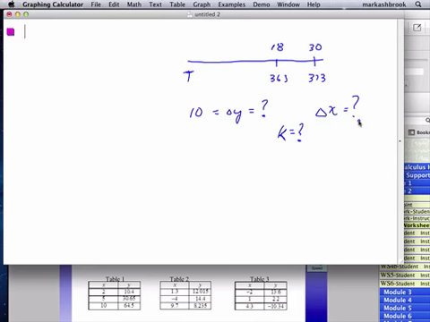Is it 12? So, what is k? It's our constant rate of change, or the relative size of distance in the units of, or relative to time. Relative size of distance to time.